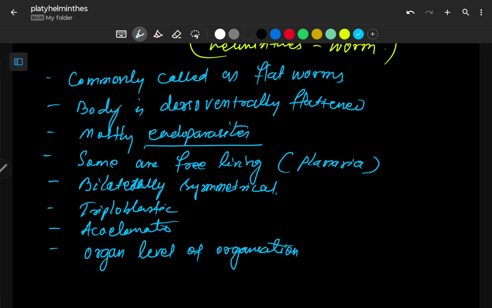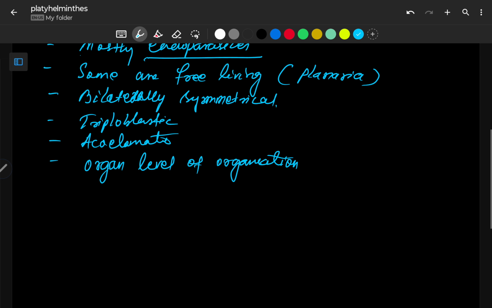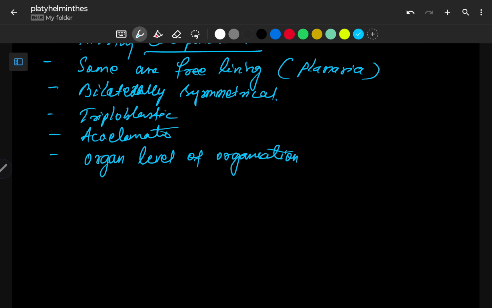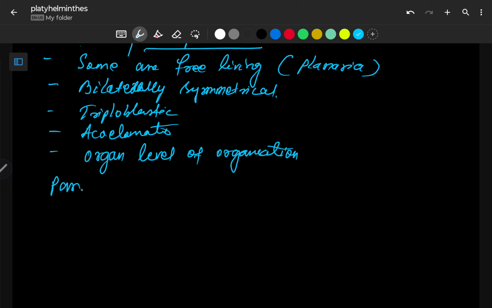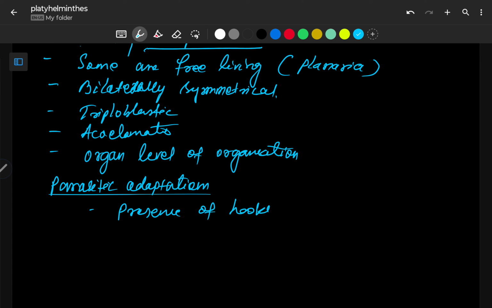Okay, now come to the parasitic adaptation. As I said, they are all parasites, endoparasites. So let us see the parasitic adaptations. It includes the presence of hooks and suckers.